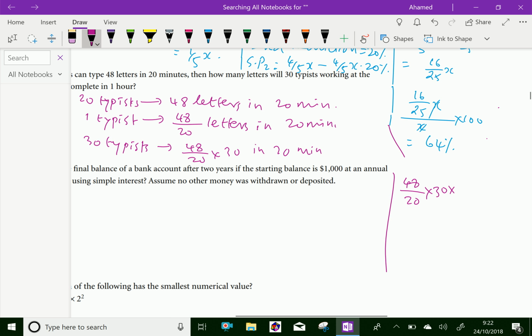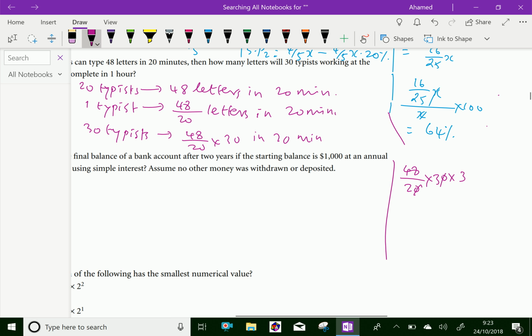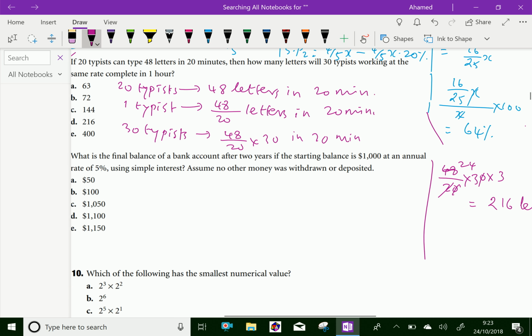Here it is in 20 minutes. We need it in 1 hour. There are three 20-minute periods in 1 hour, so multiply by 3. So the final answer is: the zero cancels, and this cancels as 24 into 9. Here 24 into 3 into 3, that is 24 into 9, is 216 letters. Therefore we can say 30 typists can type 216 letters in 1 hour. So our option is D.